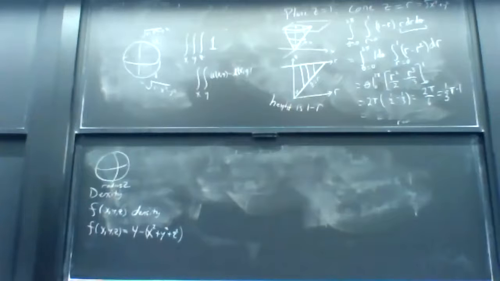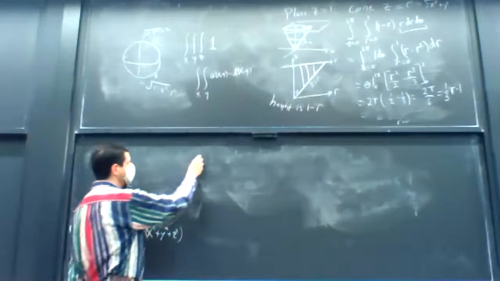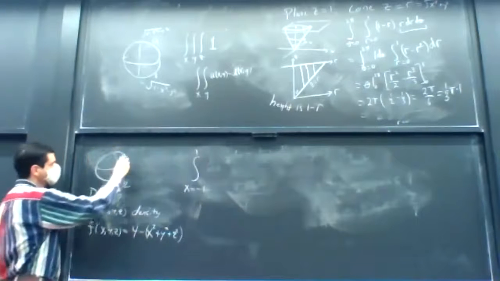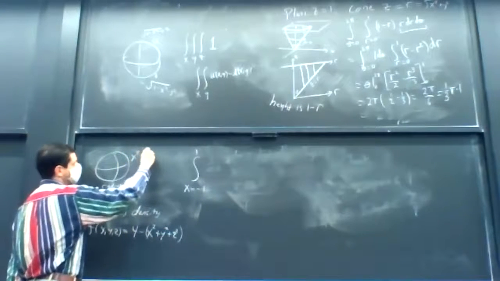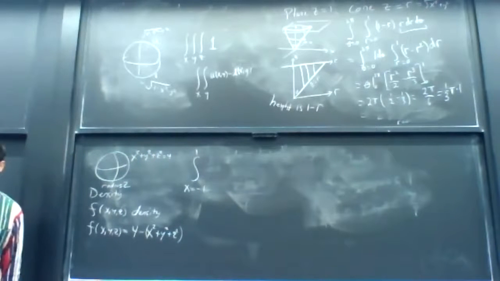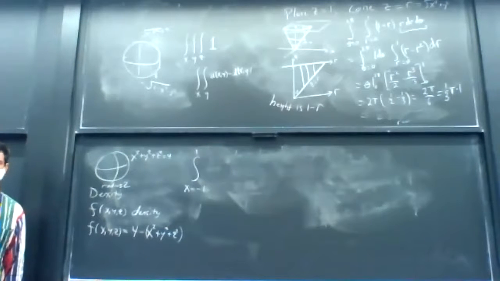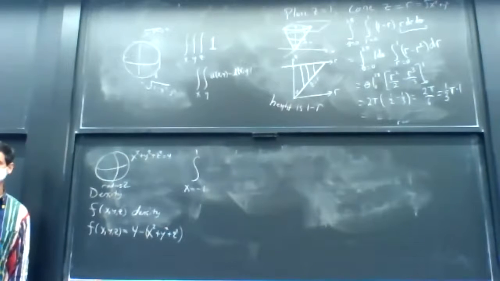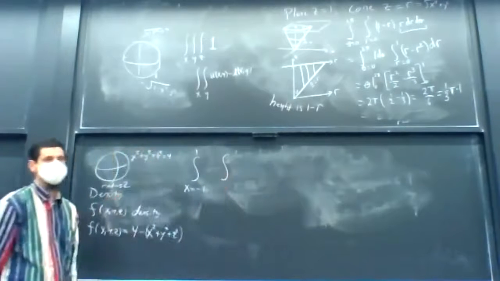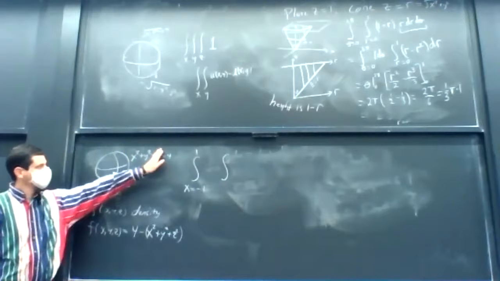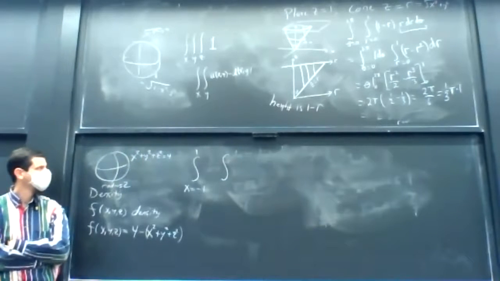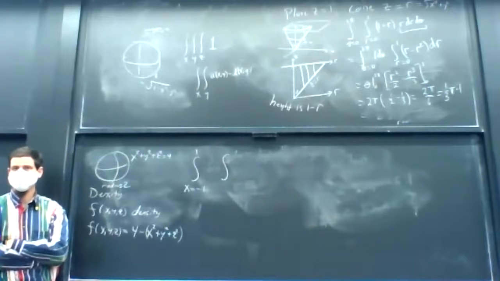So now I want to set up the integration. So I could go x goes from -1 to 1. And since this is x squared plus y squared plus z squared is 4, I then need to figure out what's the range for y. Well, if z equals 0, then y can be plus or minus the square root of 4 minus x squared.